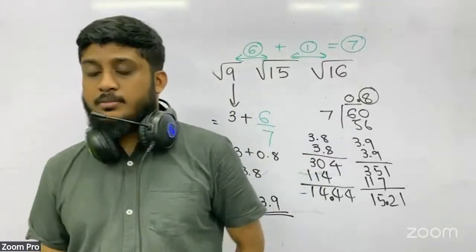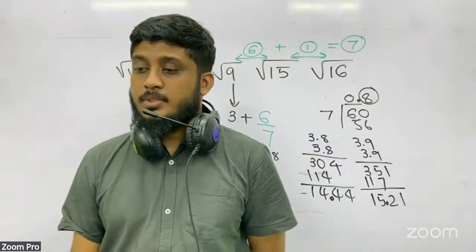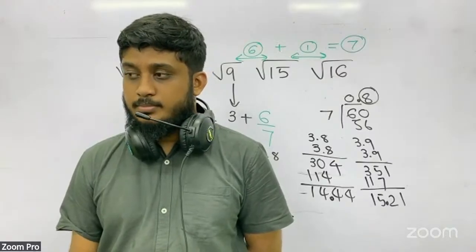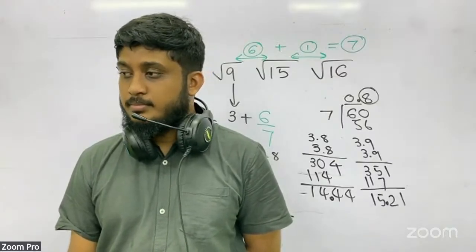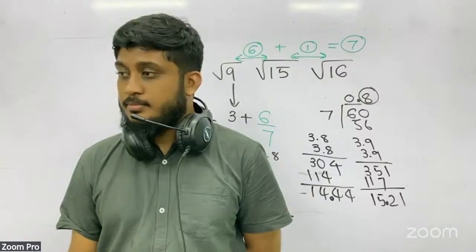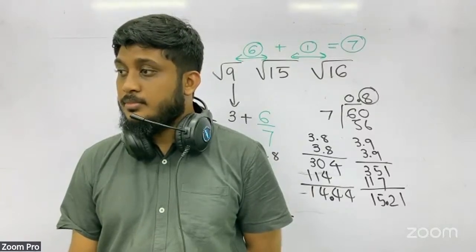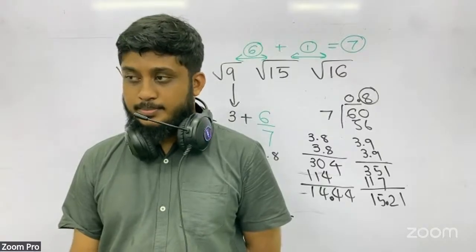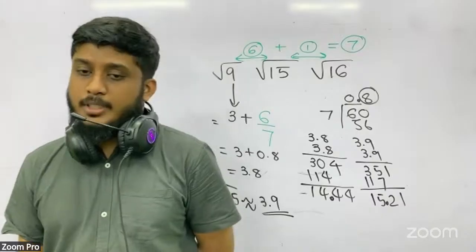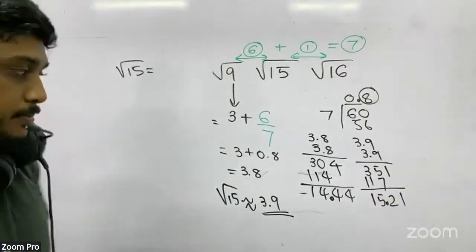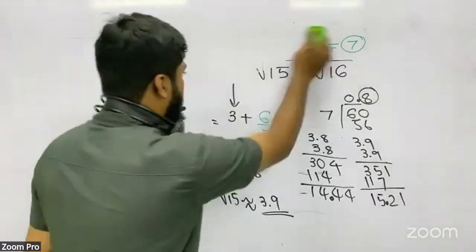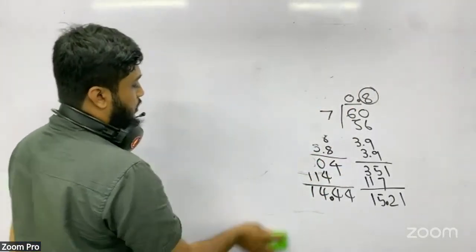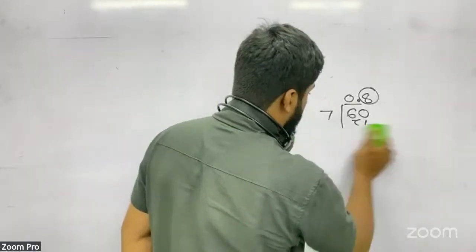Now, these things are fine, right? Square root 29. Okay, clear? Good. Square root 29, we'll try. After that, this method is done. After that, I have to teach you the division method. Now, square root 29.